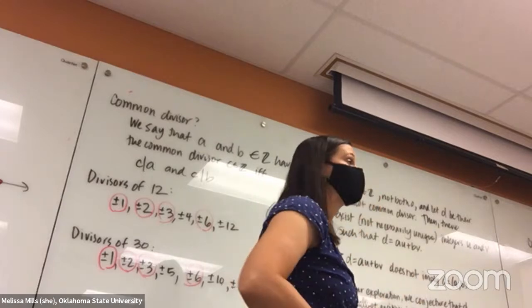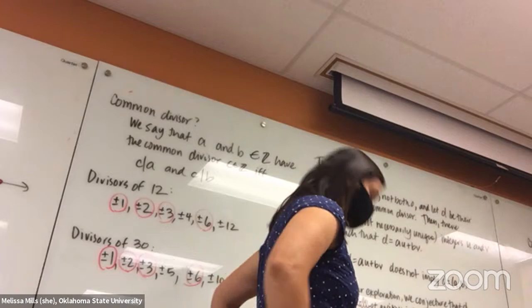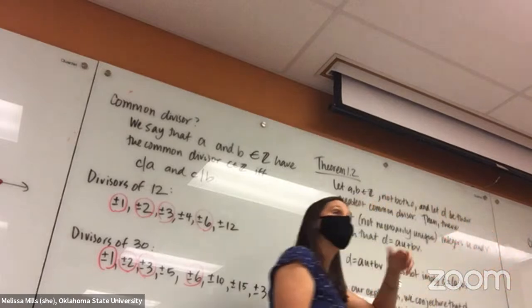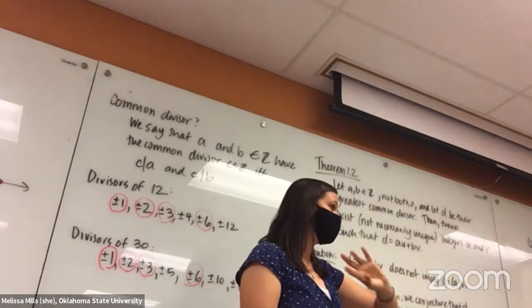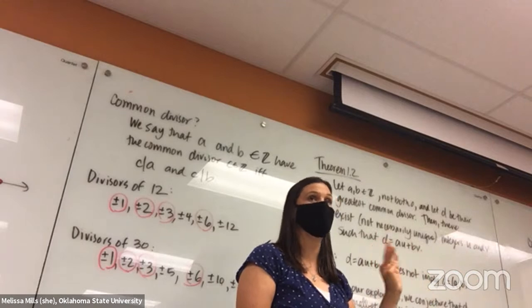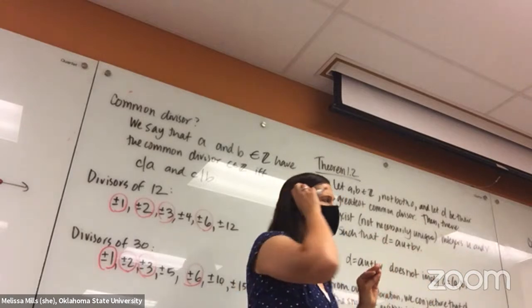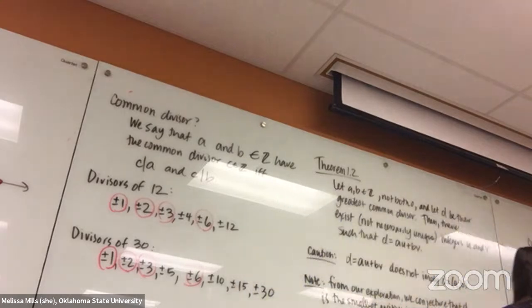Then we show that the smallest one works. It has to satisfy the definition of GCD that I erased: it has to divide both A and B, and it has to be the greatest one. So how do we show, using the division algorithm, that something divides something else?